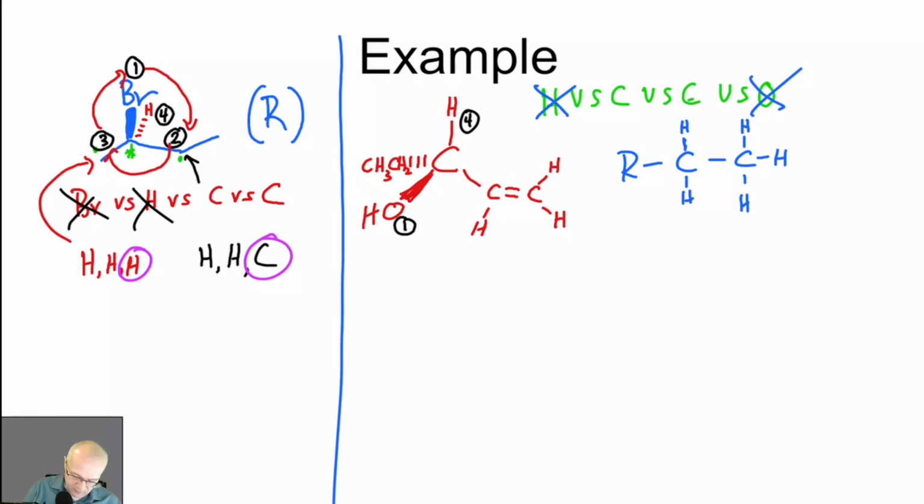Now this group, I'm going to draw out doing what Kahn, Ingold, and Prelog have said we should do. There's my chiral center. So R contains the chiral center. Carbon, carbon. So let's call this carbon number 1, carbon number 2. Carbon number 1 has a hydrogen on it. Carbon number 2 has 2 hydrogens on it, just like that. Now carbon number 2 is bonded to carbon twice.